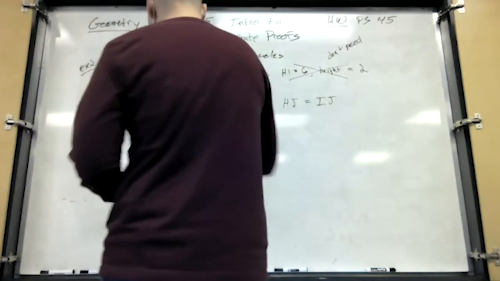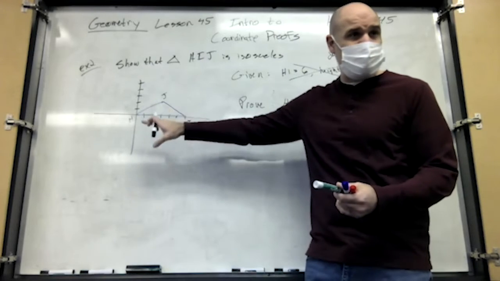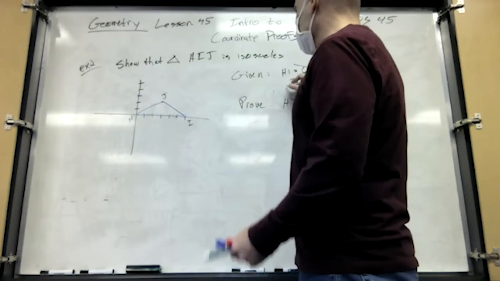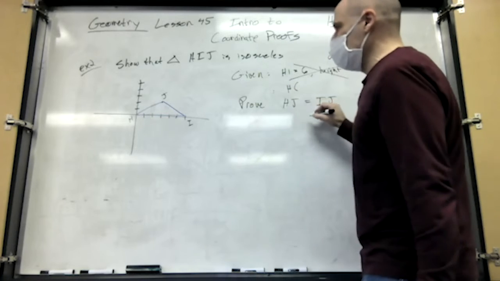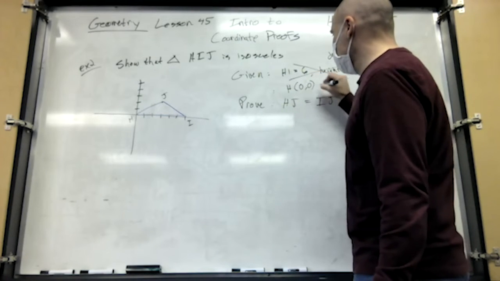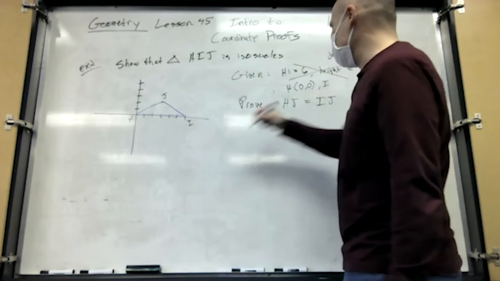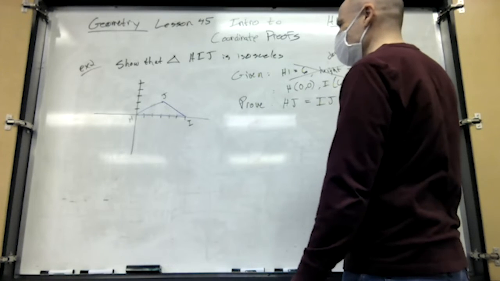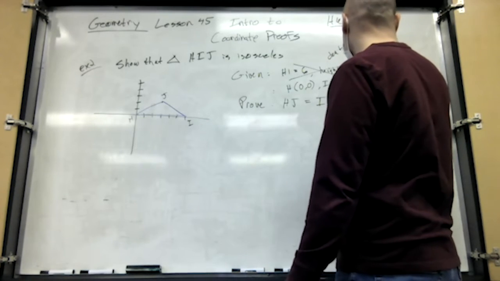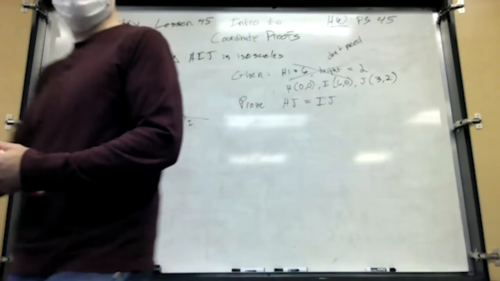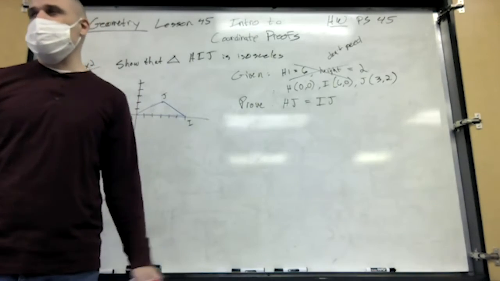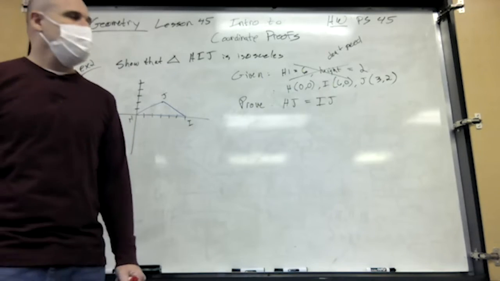The only thing I'm given is the actual coordinates of H, I, and J. So here's what's given. H is 0, 0. I is, what is that, 6, 0. And J is 3, 2. Okay? So this is going to make my calculation of distance a lot easier because of these zeros.